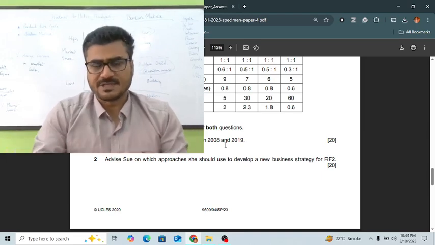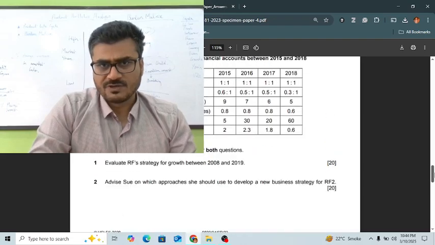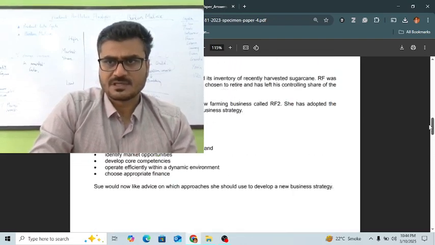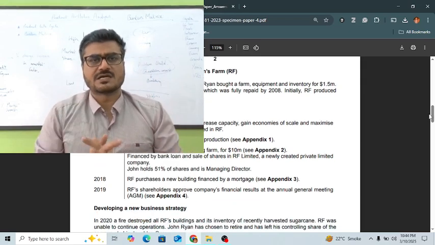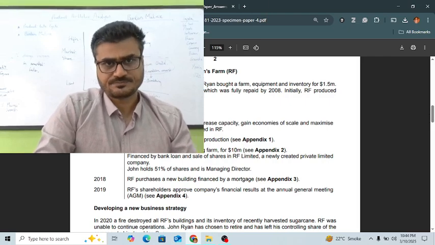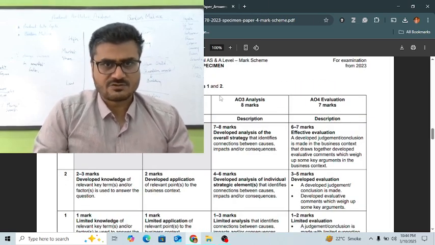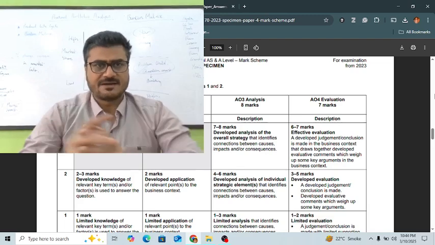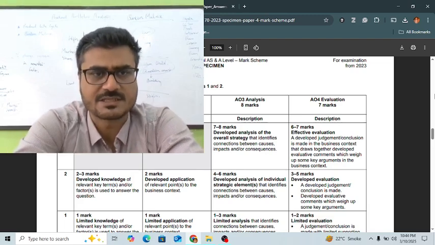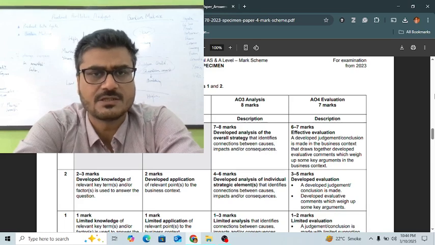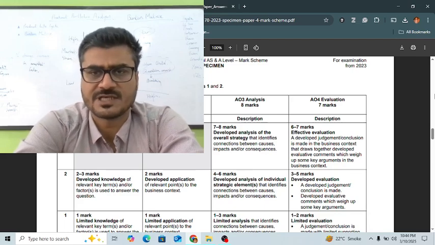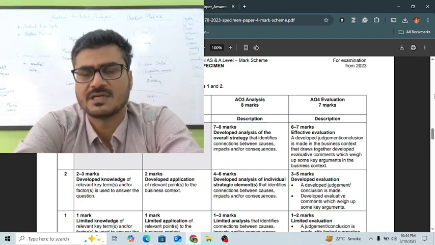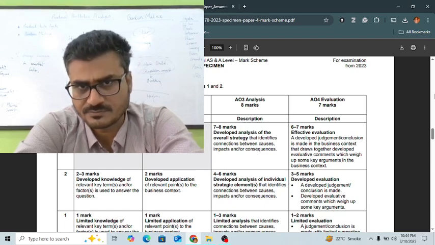Before attempting this question, let me give you a brief idea how these 20 marks will be allocated. As you can see, out of 20 marks, there are 3 marks for knowledge and understanding, 2 marks for application, 8 marks for analysis, and 7 marks for evaluation.